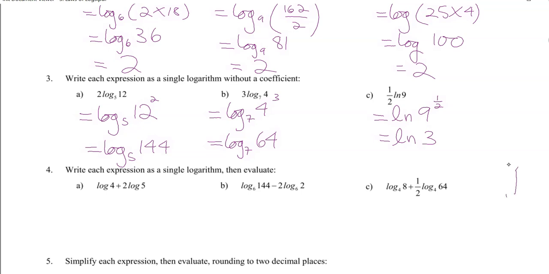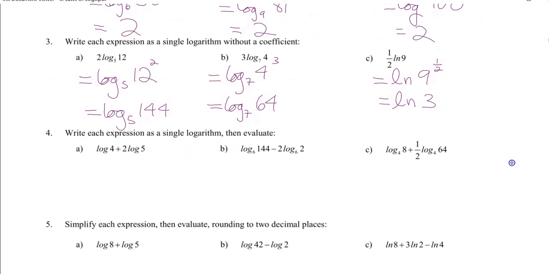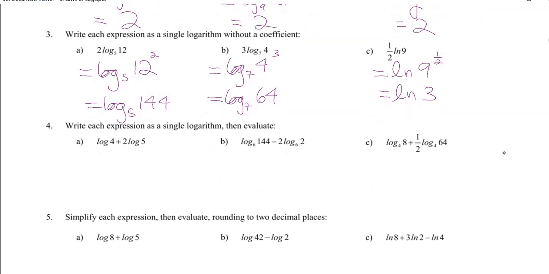Write each expression as a single log, then evaluate. So I've got log 4, and I can't have 2 log 5. What do I have to do with that? Yeah, so we got to move the 5 up as a power. So here's the deal. The laws of logs work as long as there are no coefficients, right? You can't have any numbers in front.